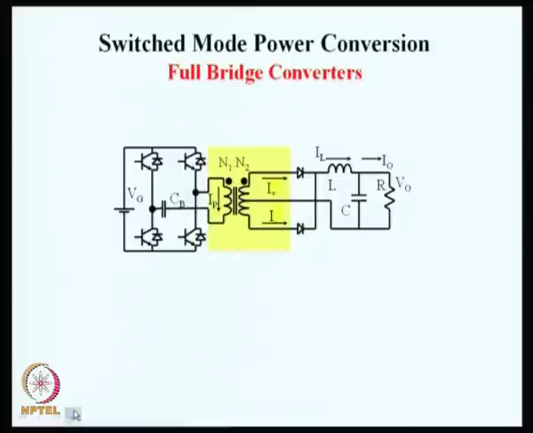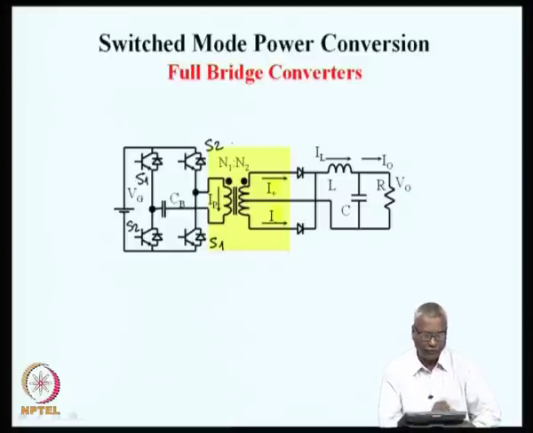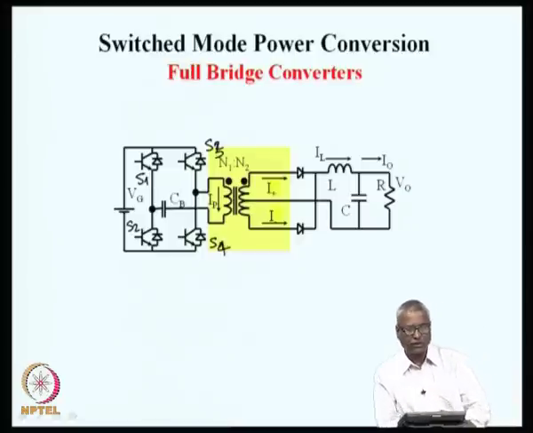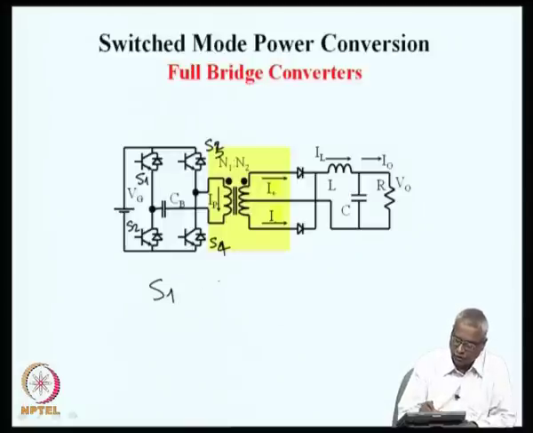The full bridge converter is using 4 switches. We will call these S1, S2, S3, S4, totally 4 switches. When S1 and S4 are on, it gives you an output voltage of plus Vg.